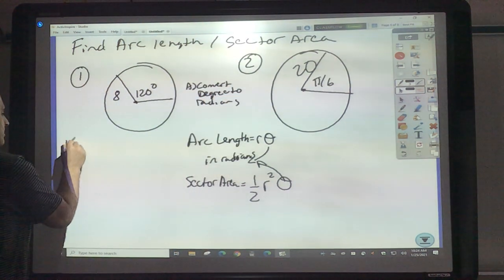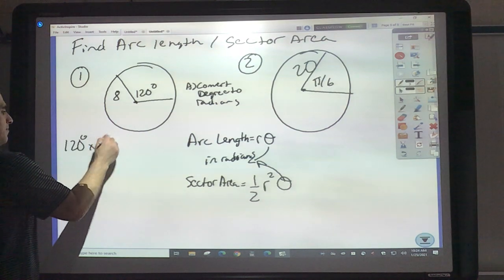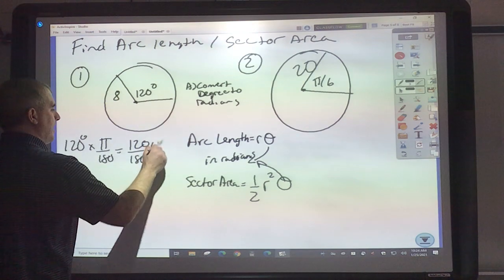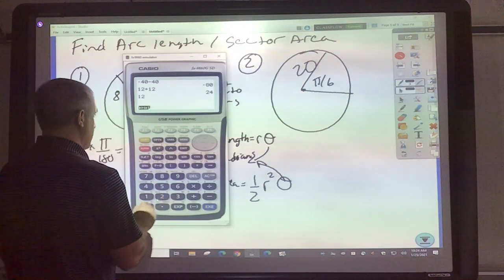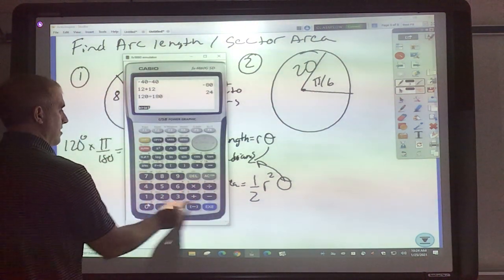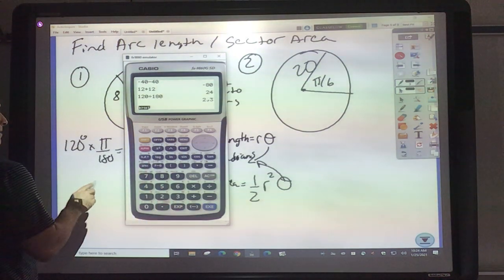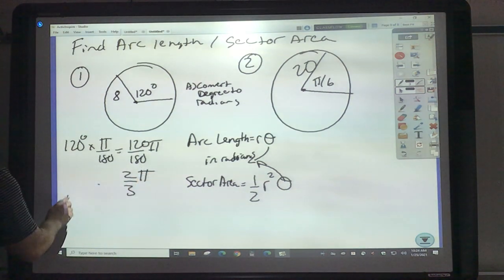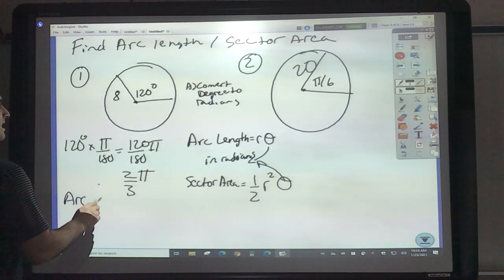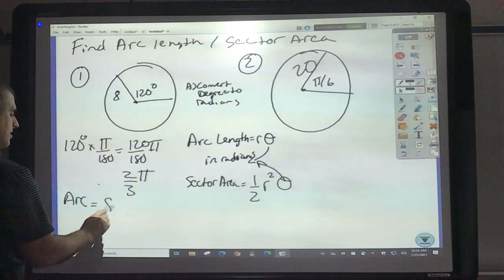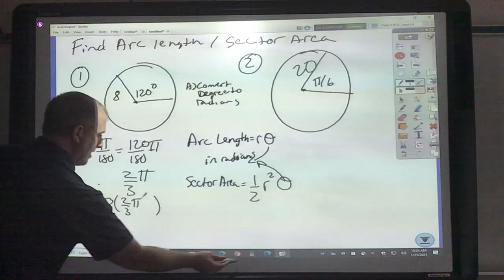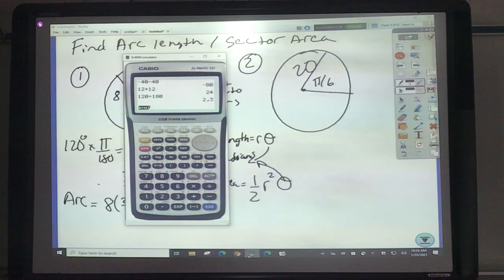So 120, we did this before, times pi over 180, so that's 120 over 180 with a pi. It's going to be 2/3 pi. So that's the measurement. To find the arc length, it's very simple. My radius here is 8 times 2/3 pi. You can just write the answer in terms of pi.